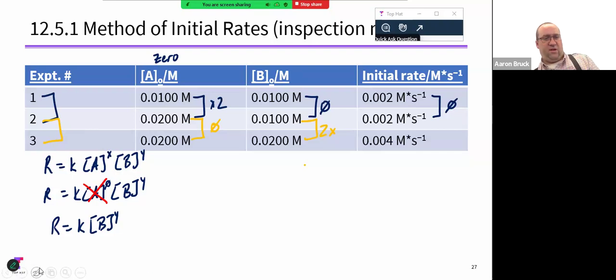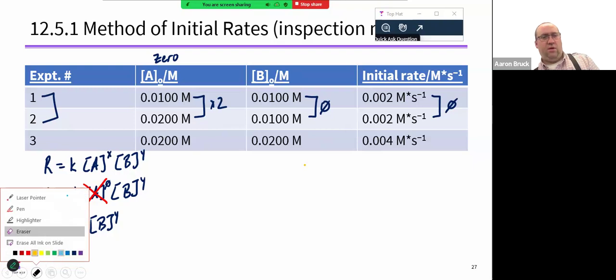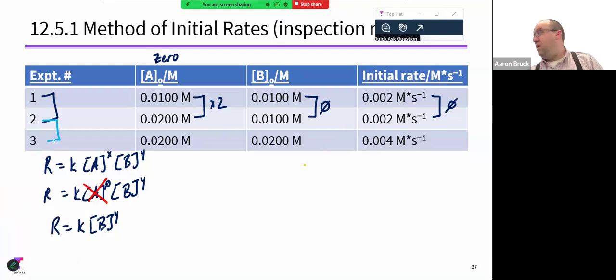Let me fix that. Right, better. And we can see that the reaction rate here has also doubled.